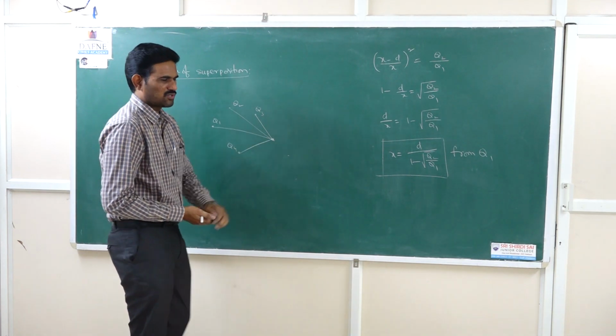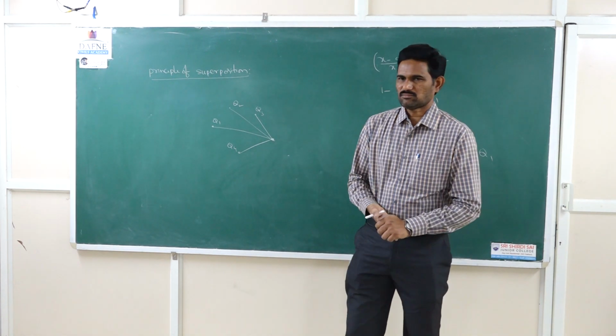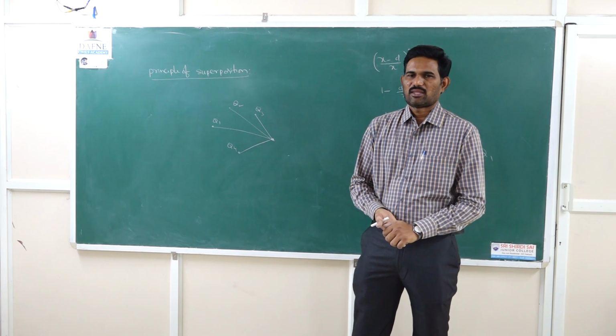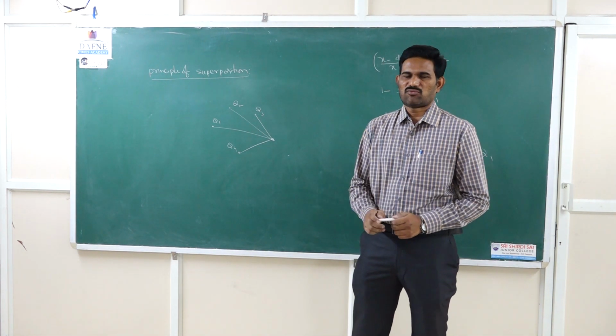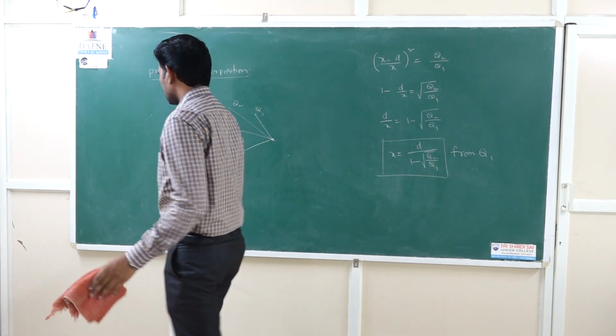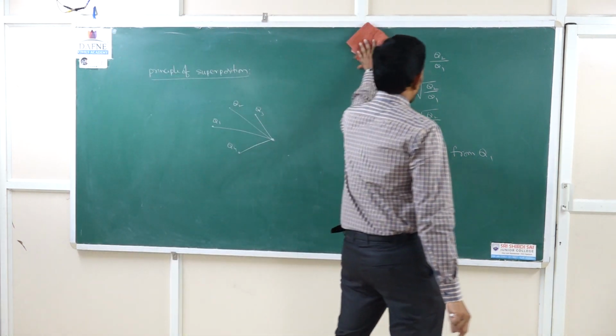So simply we mention that according to the principle of superposition, the resultant electric field at any point is a vector sum of the fields due to individual charges.